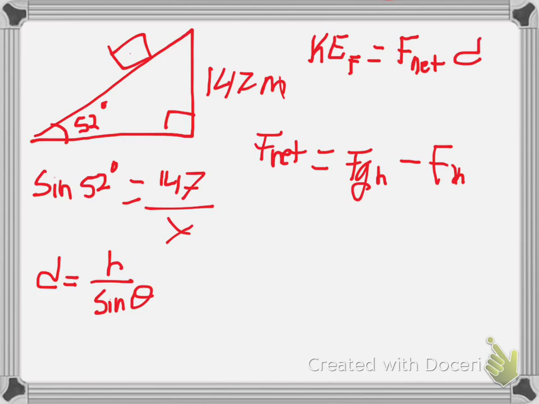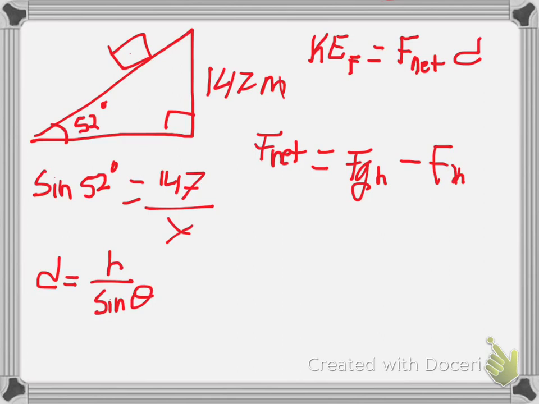They gave us our coefficient of kinetic friction, so we can use that and the normal force, which we can figure out from our diagram, to solve for the force of kinetic friction and subtract it from the component of the force of gravity.